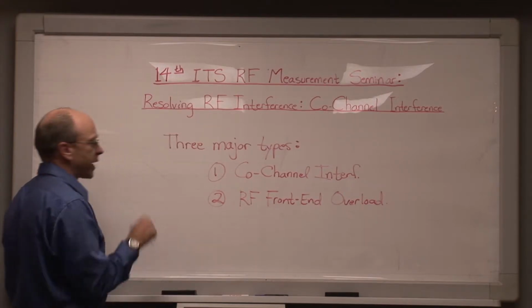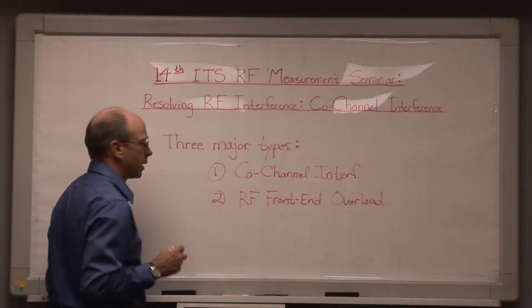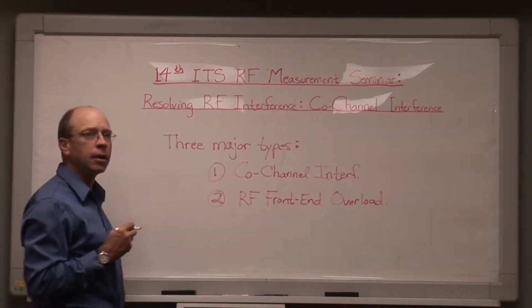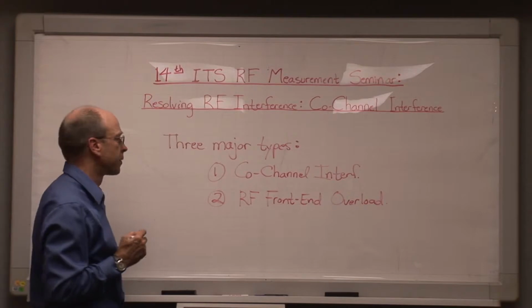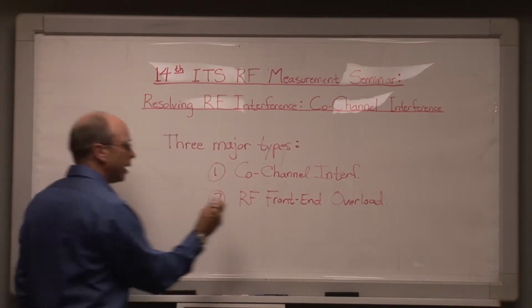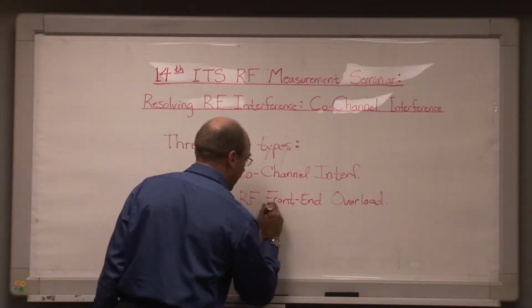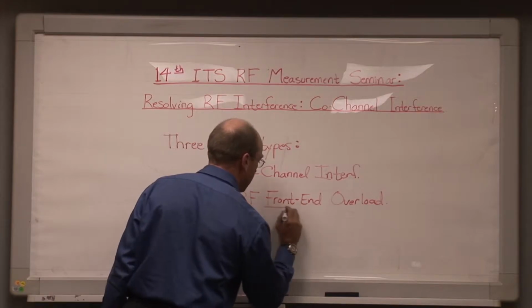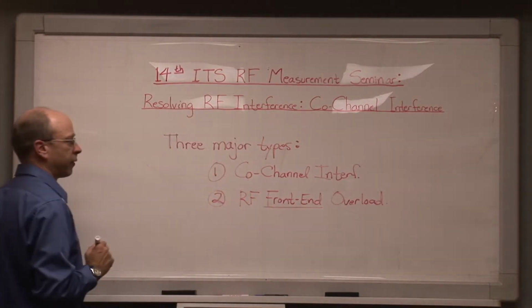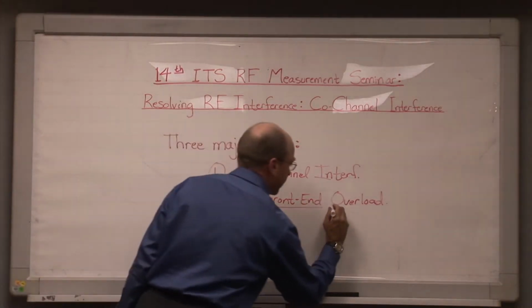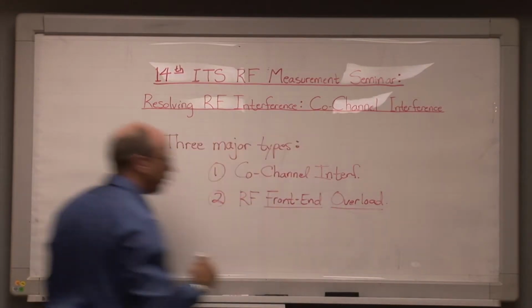And on the face of it, you might think that if the interference is not coming in on the receiver's desired frequency, that you wouldn't see effects of interference, but in fact you can if you hit a sufficiently high level to cause the amplifier at the front end of the receiver to experience an overload effect.